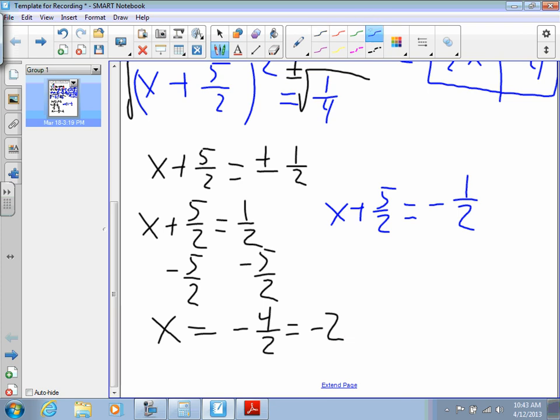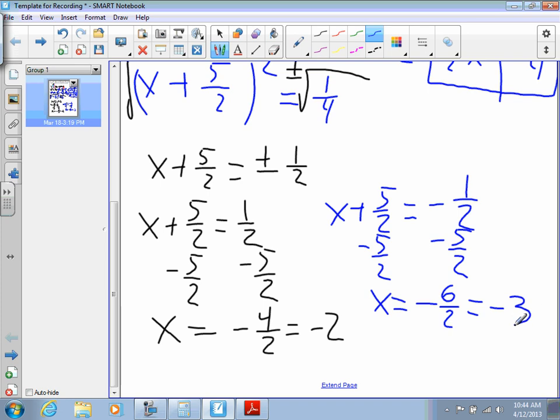Let's take a look at this side now. Again, I'm going to subtract 5 over 2 from both sides. And that gives me x equals, and in this case, the directions are the same. So 1 plus 5 is 6, so I have a negative 6 over 2, which reduces to negative 3.